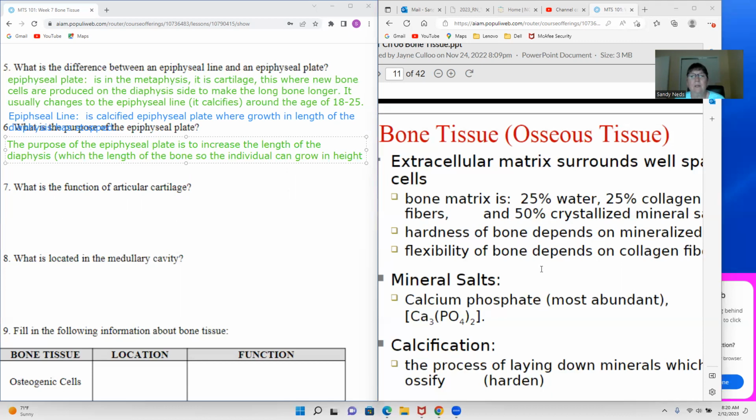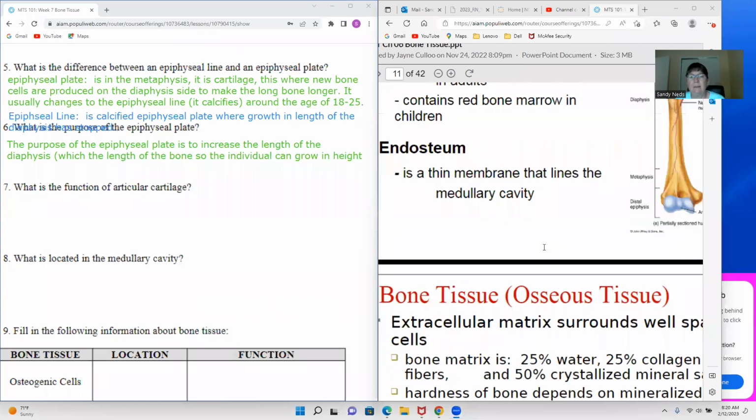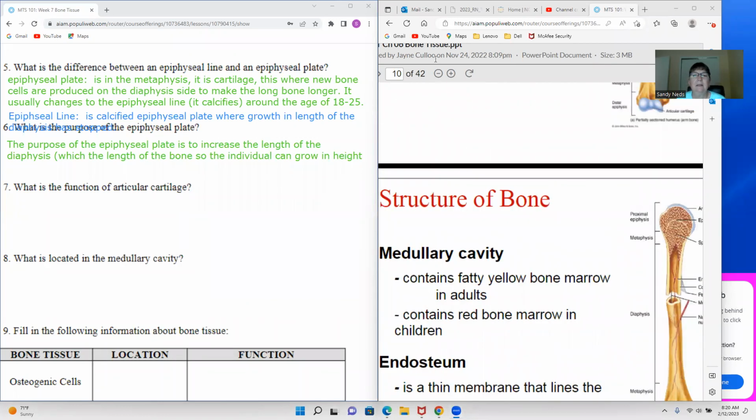So the next question is, what is the medullary cavity? So I'm a little ahead of myself. Let's go back and let's put in what the medullary cavity is. So let's go to, I think I did medullary cavity, and no, that was the endosteum.